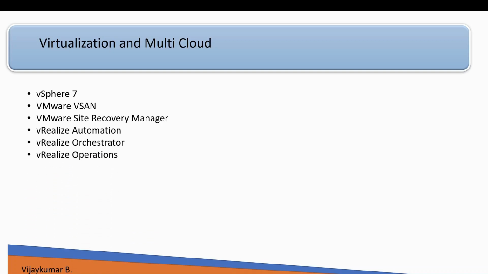The next component in the virtualization and multi-cloud solution is vRealize Operations, also called Operations Manager. When you install this product, you need to integrate it with the vCenter server, and then it will pull your underlying components' information such as virtual machines, virtual machine versions, tools versions, hardware versions of the virtual machines, storage details, ESXi details, and many more components.